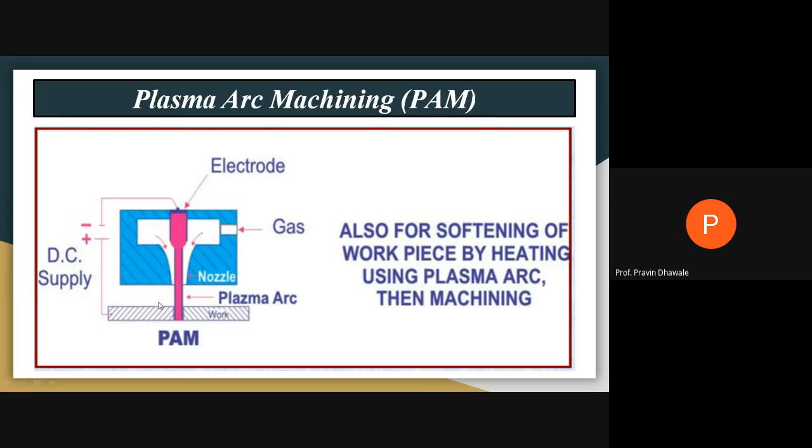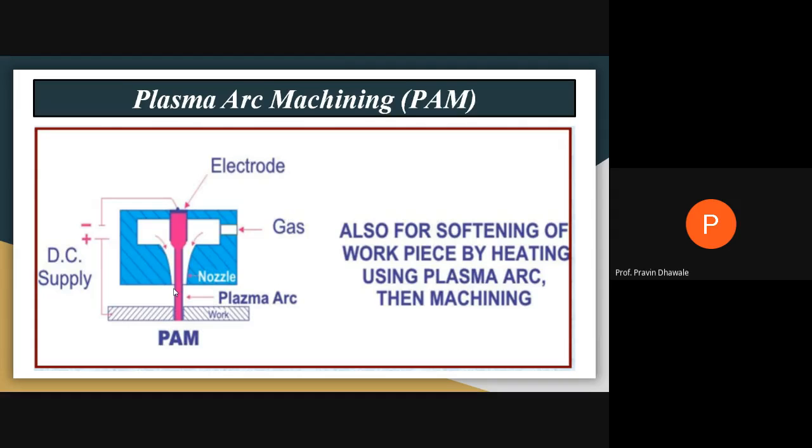For that purpose, the distance between the nozzle and the workpiece is kept at some standard distance, so that plasma is generated, and that plasma has a very high temperature, and at such high temperature the material evaporates or melts, and because of that the material is removed from the workpiece.